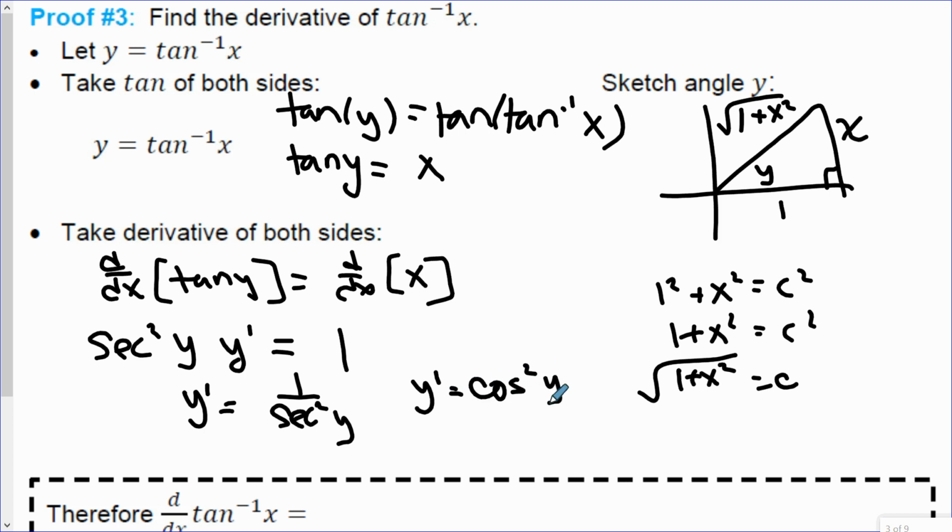I'm just trying to avoid doing some fractions. Okay, so looking at my diagram, cosine is adjacent over hypotenuse. So this will be 1 over the root of 1 plus x squared, all squared, which is really equal to just 1 over 1 plus x squared, because the square and the square root cancel.